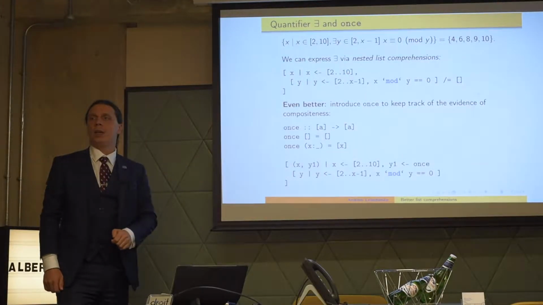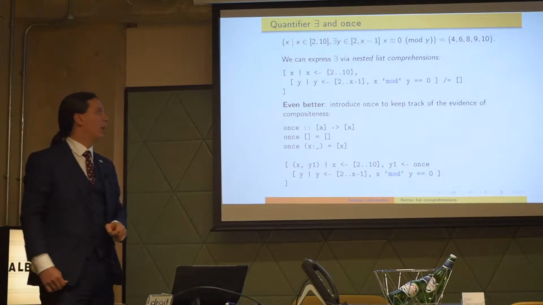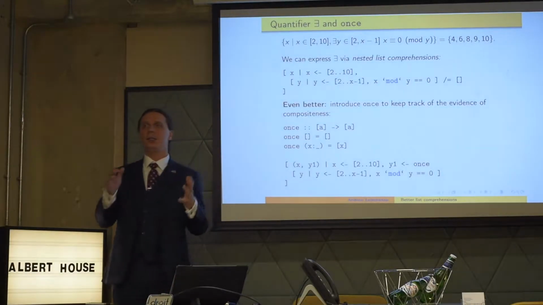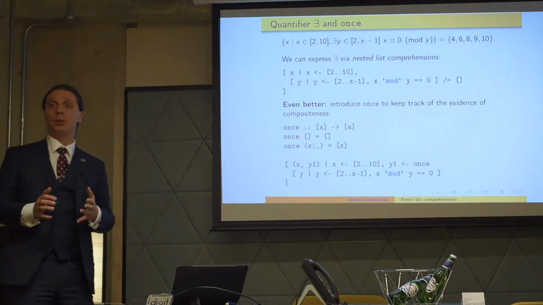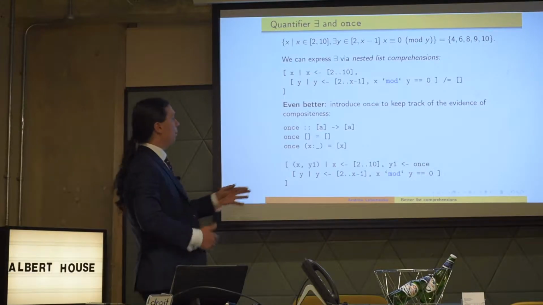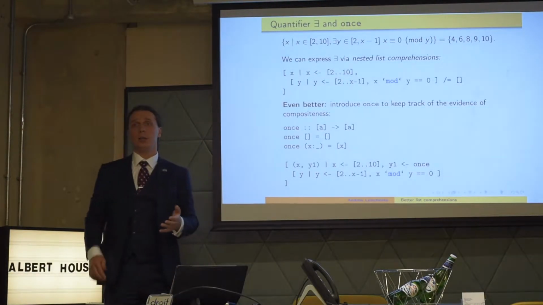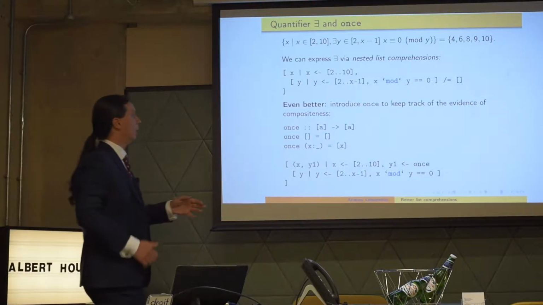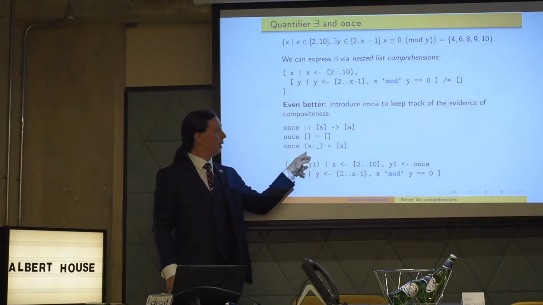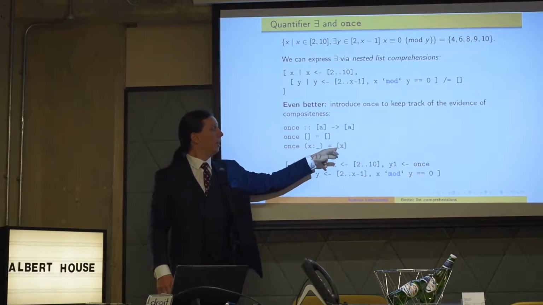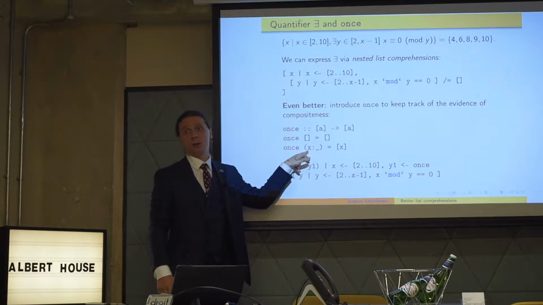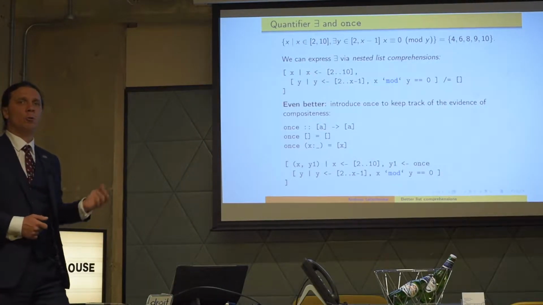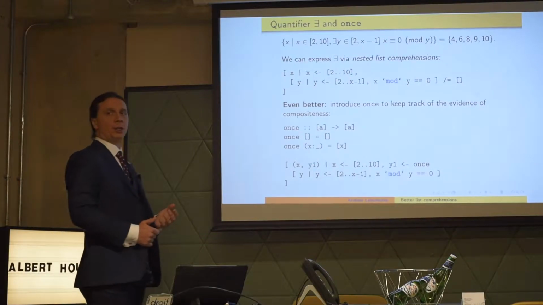We can actually introduce a handy helper, once. So helper once would take any list and return a list of the same type. If it happens that its argument was an empty one, it will return an empty list. And if this argument is non-empty, it will return a list consisting of the head of the argument. So basically this is something very similar to that group by instruction in SQL.